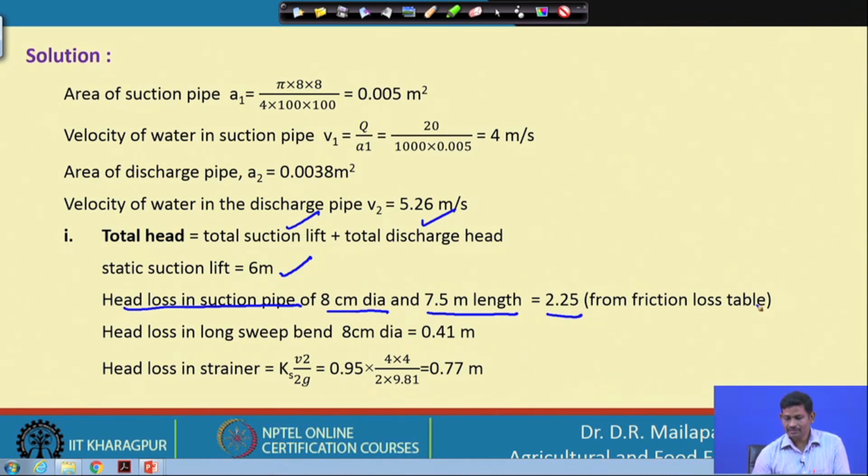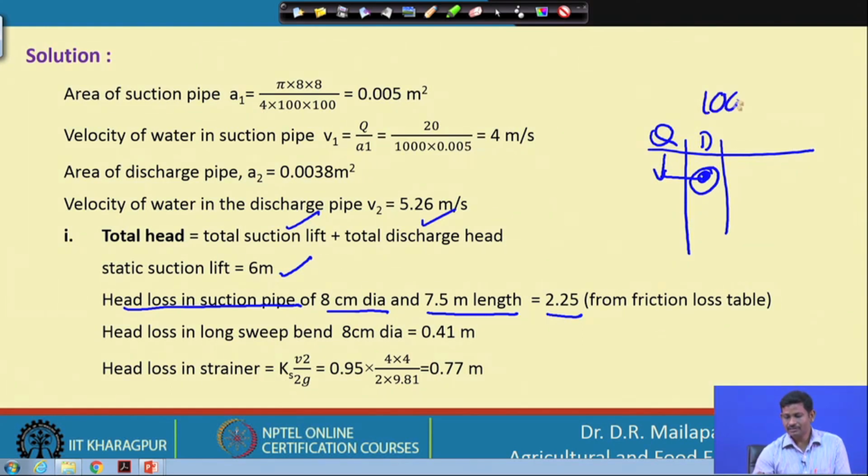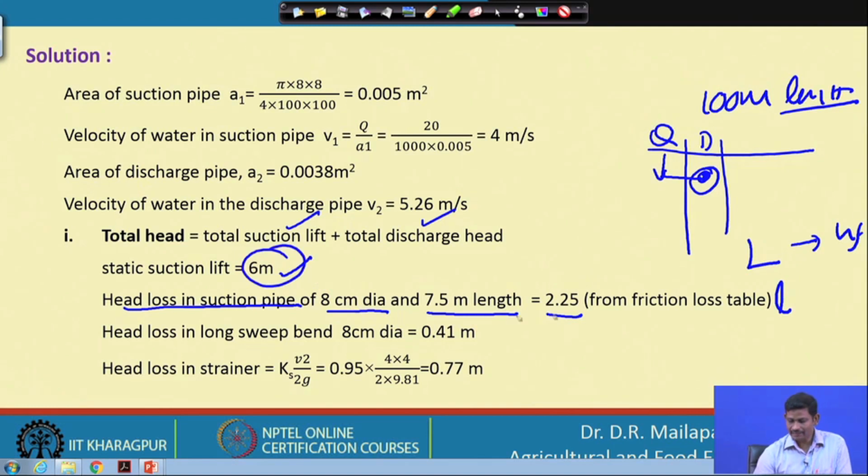From the friction loss table, as I said, for a particular Q and a particular diameter, you get the friction head loss for 100 meter length of the pipe. So, for 100 meter length you get HF, and for this 6 meter length, what would your HF be?